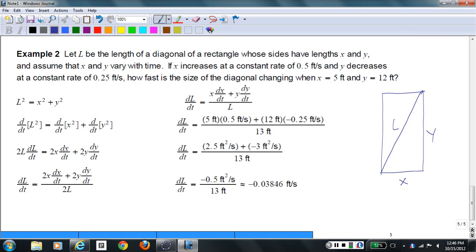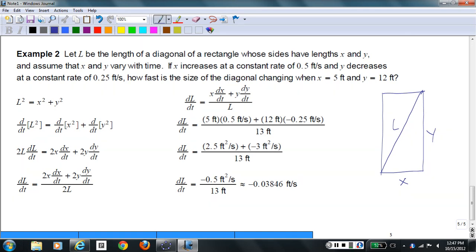And then it asks the question, how fast is the size of the diagonal changing? The length of the diagonal, I guess I should say, is L. The rate at which the diagonal is changing with respect to time could be denoted how? dL/dt. So it's asking us for dL/dt.